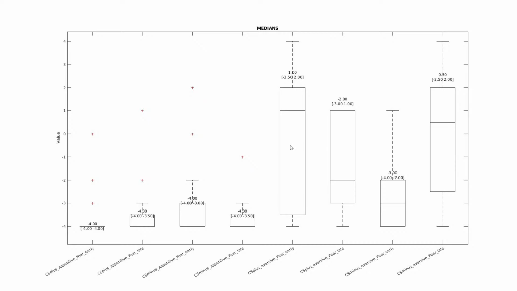CS plus fear early, CS plus fear late. They should be swapped. I have to analyze this questionnaire to be more sure what happens, because I have forgotten a little bit.